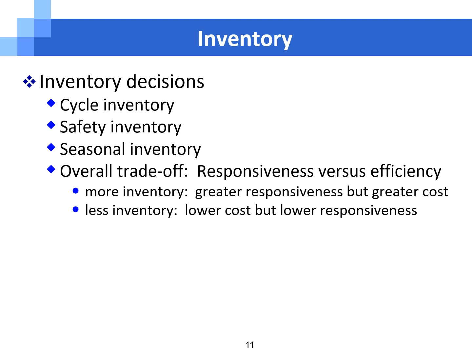The major inventory-related decisions that supply chain managers must make are the following. The first one is cycle inventory. Cycle inventory is the average amount of inventory used to satisfy demand between receipts of supplier shipments.